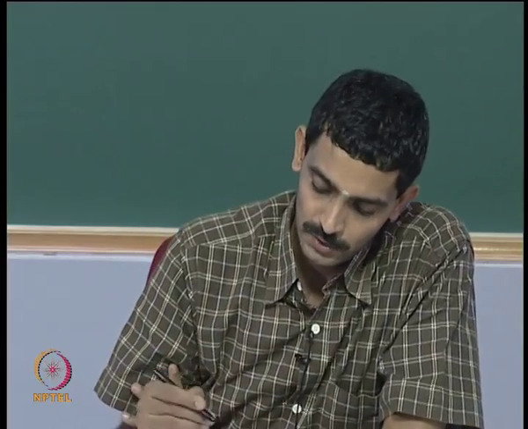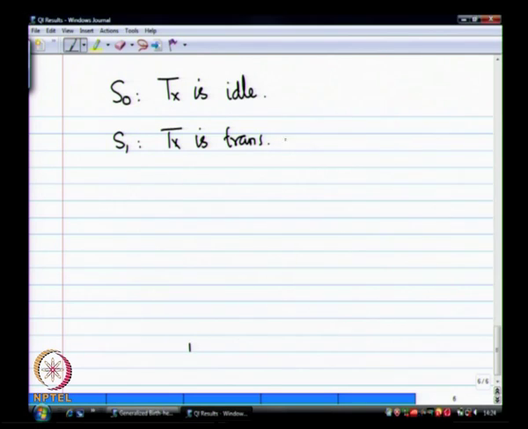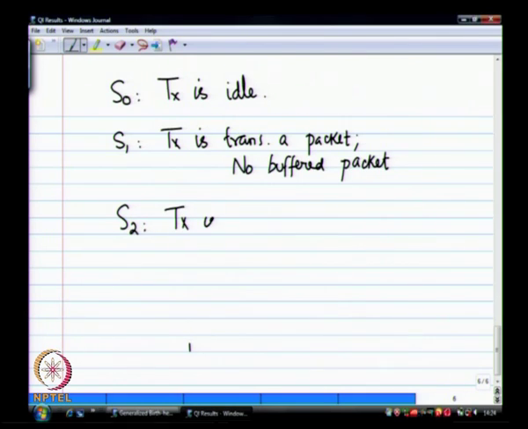Okay. So S1, a transmitter is sending a packet, and there is no buffered packet. So the occupancy of this queue is simply 1. And then the parallel state is, it is possible that I tried, I failed, and in between another packet came and it got queued, and only 2 packets can be in the queue, so a third packet comes, simply gets dropped.